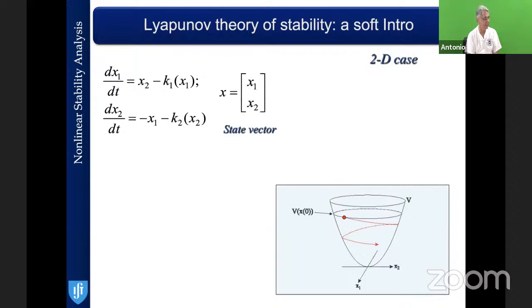For example, if you have a second order system where you have second derivative plus k1 times first derivative plus k2 times the variable itself equal to 0, instead of writing a second order equation, you may write in terms of 2 first order equations. It's a trick that is normally done. But anyway, yes, please ask the question.